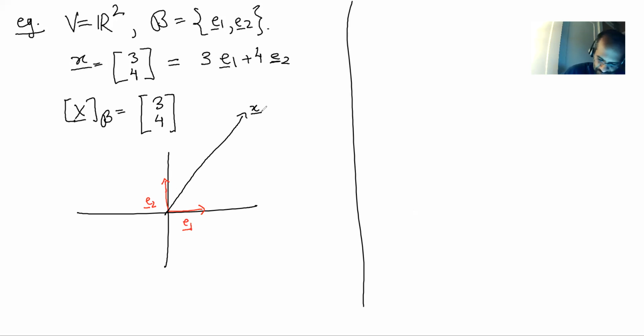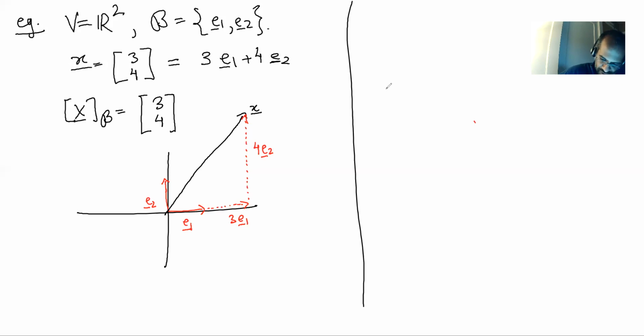And what is this equation saying? Well, it's saying that to get to that vector, you need to walk 3 steps in this direction, and then you need to walk 4 steps in this direction. Okay, that's the geometric meaning of this fact that is kind of familiar.